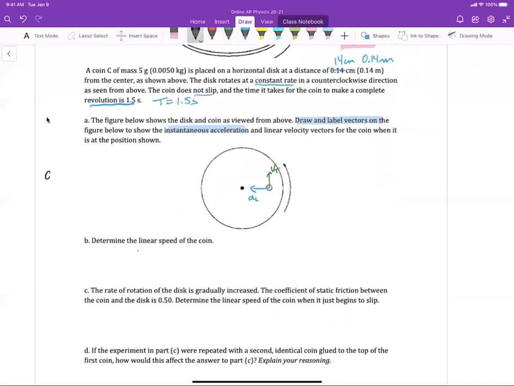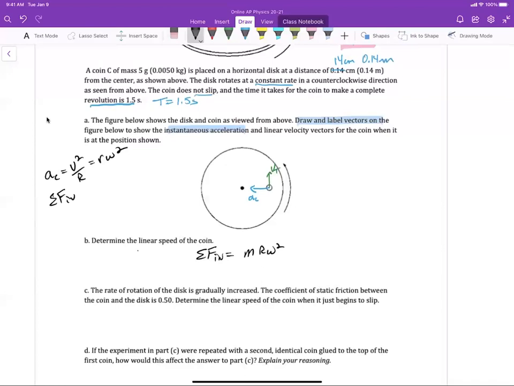Well, it's in circular motion. I'm probably going to need the centripetal acceleration relationship and sum things inward. If I sum the forces inwards, it's equal to the mass of the coin times the velocity of the coin squared over r. Actually, what do we know? We don't know tangential velocity, but we do know its period, which is related to its angular velocity.